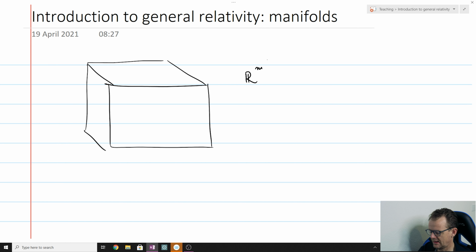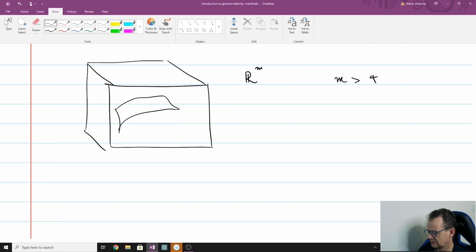Since within general relativity we presume most of the time we live in a four-dimensional space-time, we would need m to be bigger than 4. So you could imagine building up a theory of curved continua as embedded volume surfaces inside this big higher dimensional ambient space R^m. You could do this.